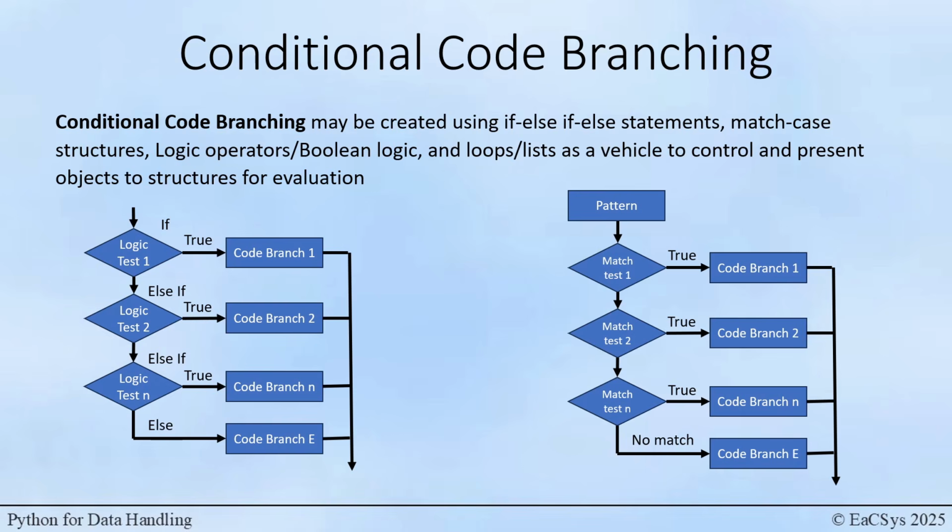And as you can see, these conditional code branching structures can be very useful for data handling. So let's take a look at the logic operators we will use to, inter alia, establish the rules that move objects between different parts of the conditional code branching structures.